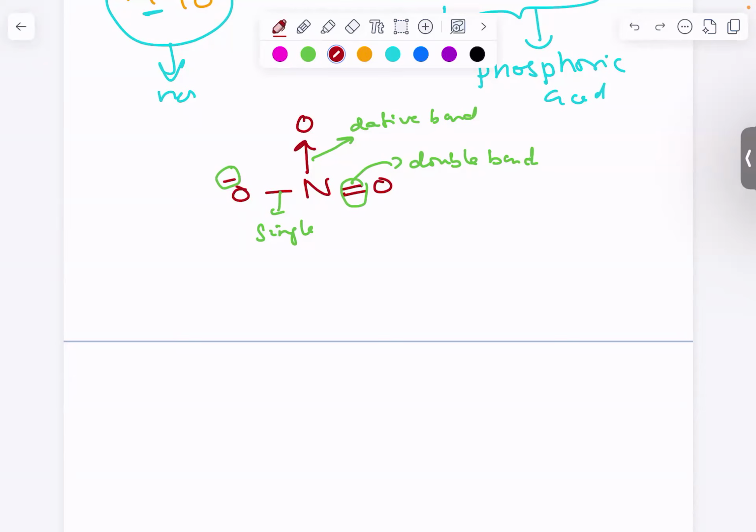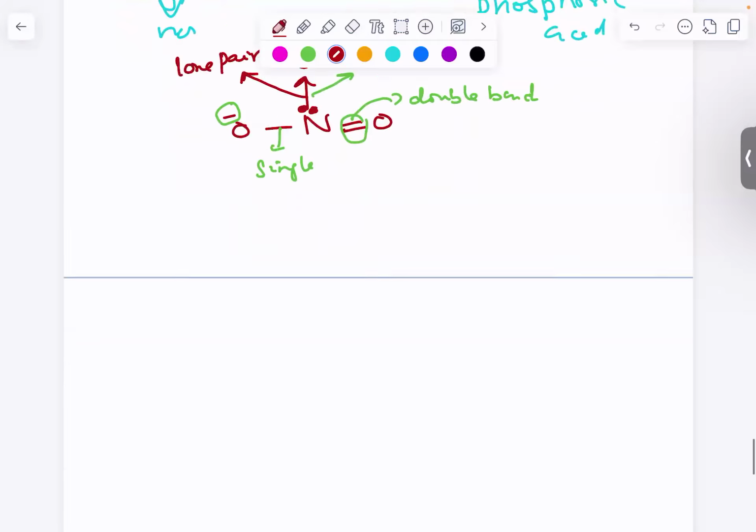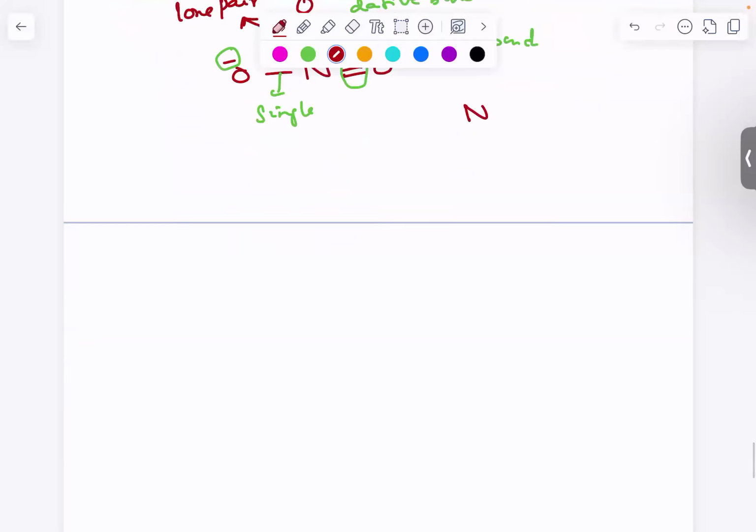And then one more Lewis structure, N2H2. This is the lone pair of nitrogen. Which one? N2H2 or N2H4? N2H2.